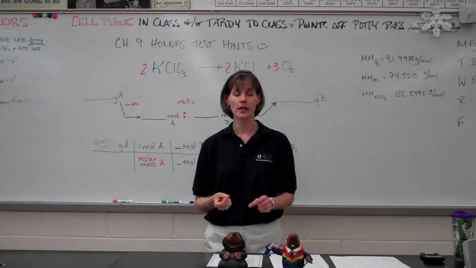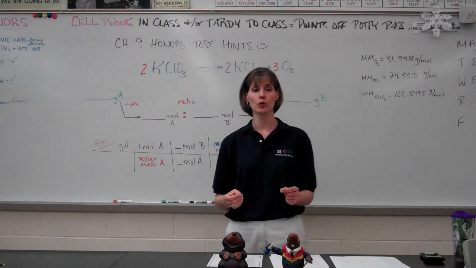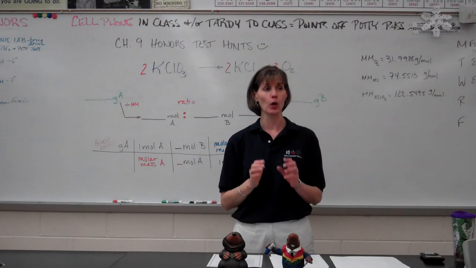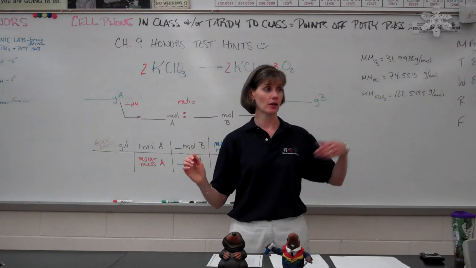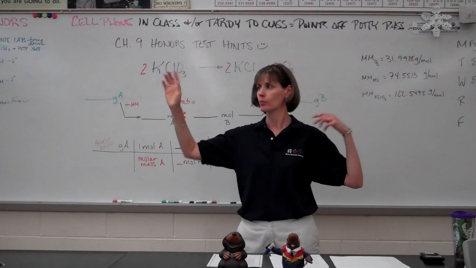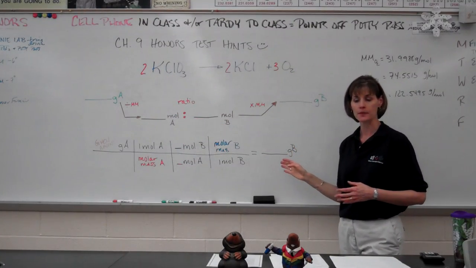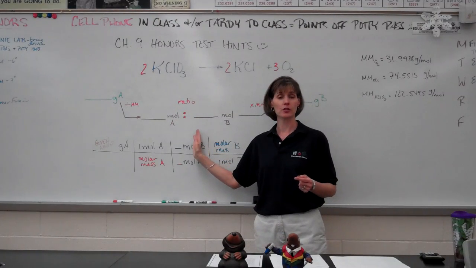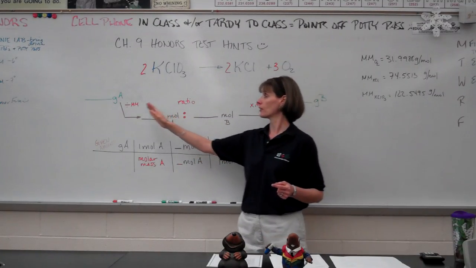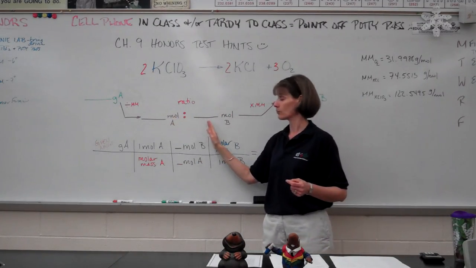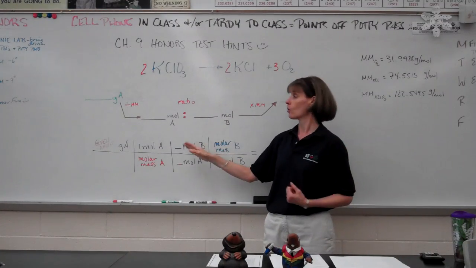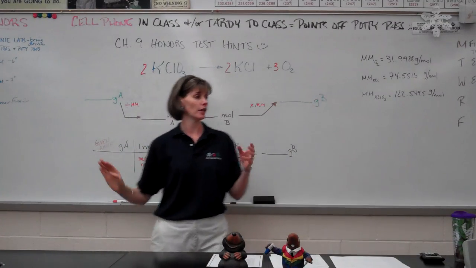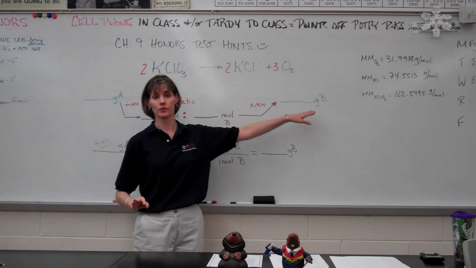Make sure on this test that you read carefully to see what unit is being asked for, what quantity. If it's mass all the way to mass in grams, then go through the whole process, all the steps. If it's just a mole problem, you're going from here to here, just a proportion. And then you're either starting with mass and ending at moles of the other substance, or you're starting at moles of one and going all the way to mass of the other substance.